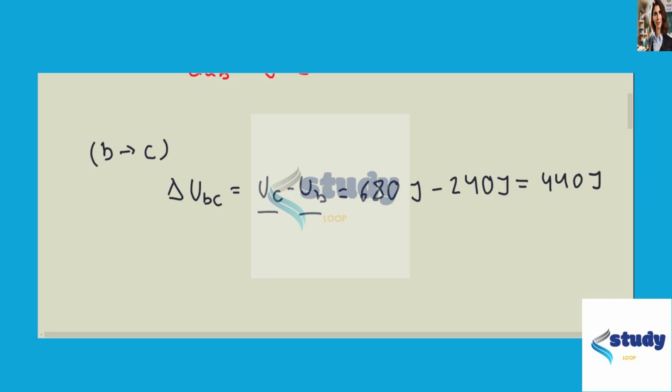Now we need to also find the work done, and this work from B to C can be expressed as the subtraction of the work W AB from the work W ABC. So W BC equals W ABC minus W AB. W AB is 0, obviously, and W ABC has a given value of 450 joules, so 450 joules minus 0 stays 450 joules.